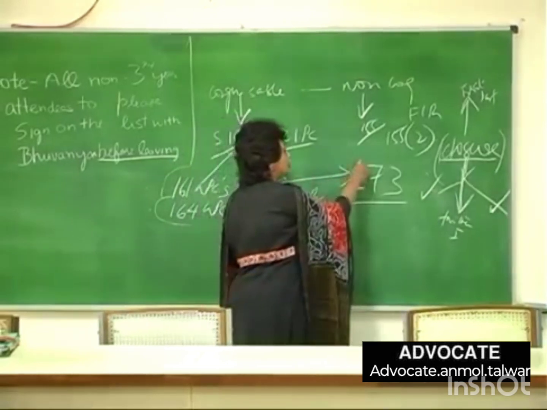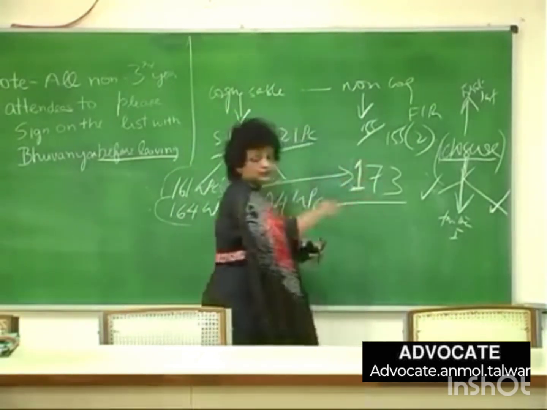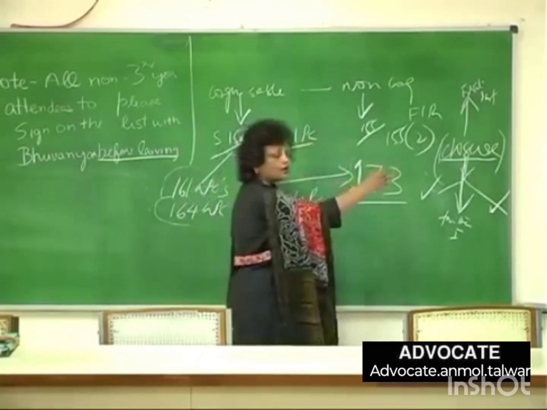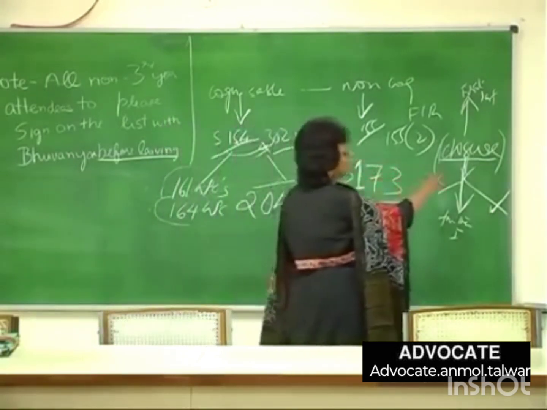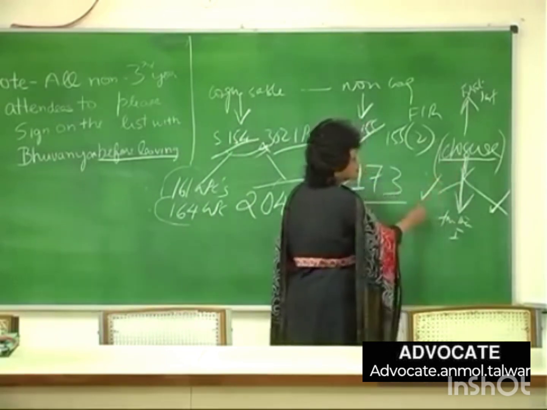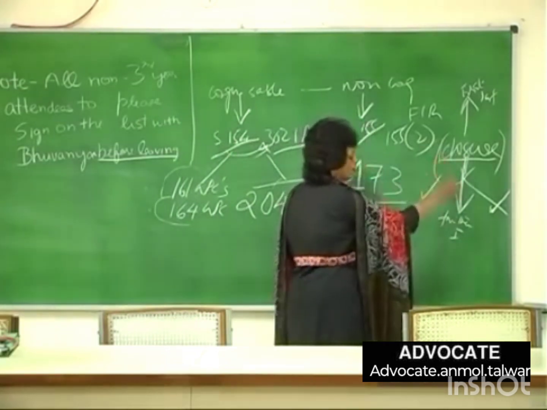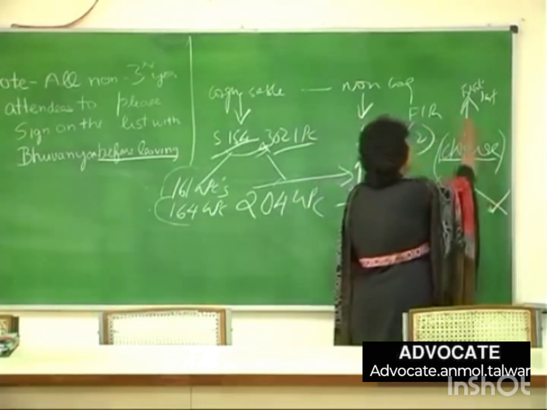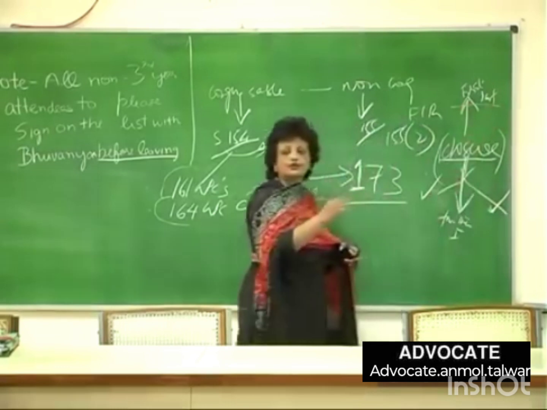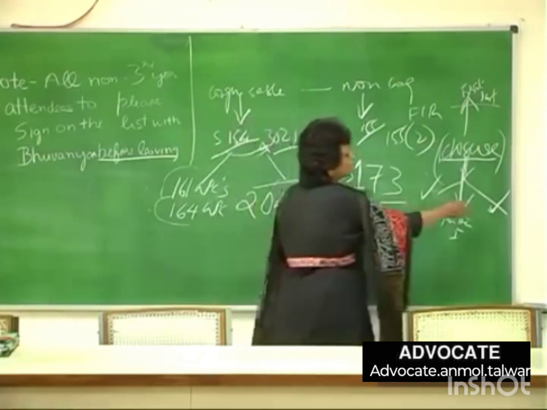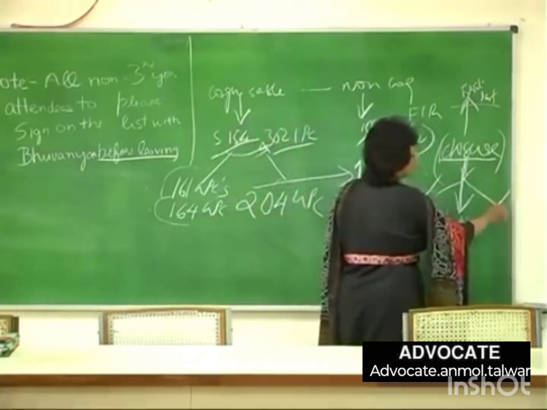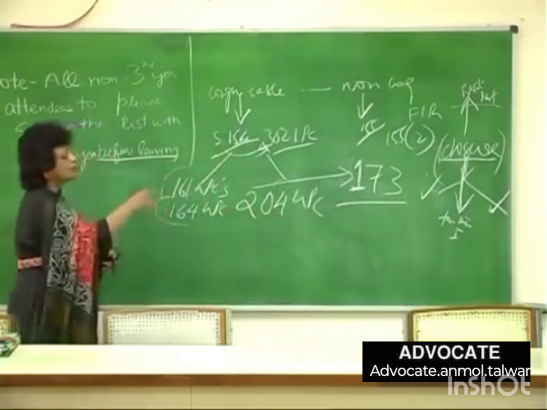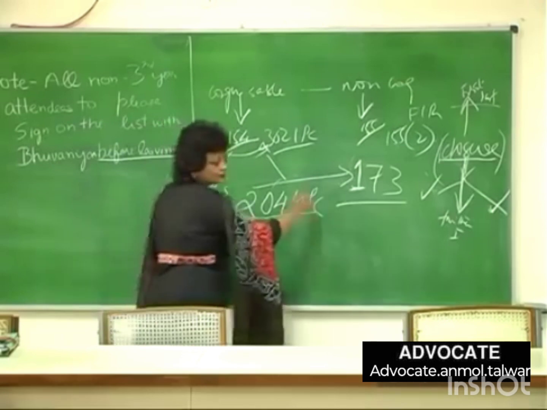The 173 report includes a charge sheet asking for prosecution as well as a closure report. In the case of a closure report, the magistrate has three options: allow the closure report, order further investigation, straightaway summon an accused person, but only after issuing notice to the first informant. If the magistrate chooses to exercise the third option, which is straightaway summon the accused person, the summoning order is under section 204 of the CRPC.